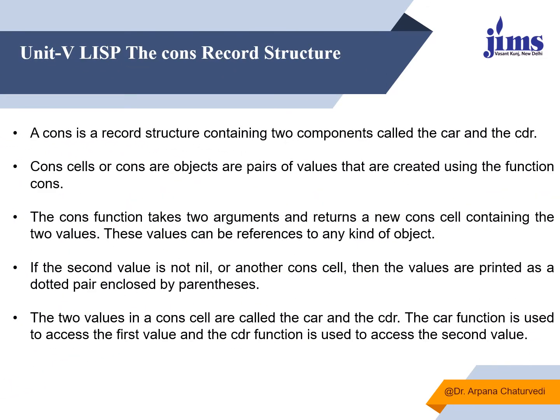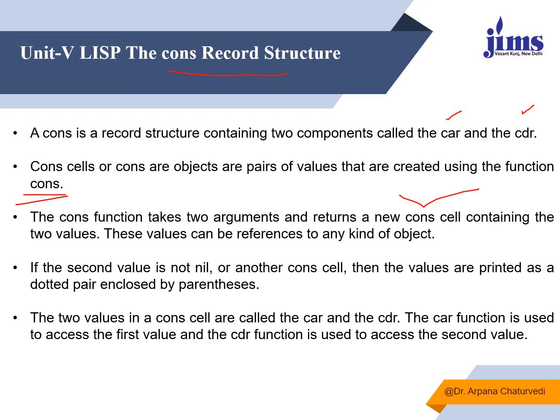and see the cons record structure. Cons is a record structure which contains two components called CAR and CDR. Cons cells are objects which are pairs of values that are created using the function cons only. The cons function takes two arguments and returns a new cons cell which contains two values. These values can be references to any kind of object.